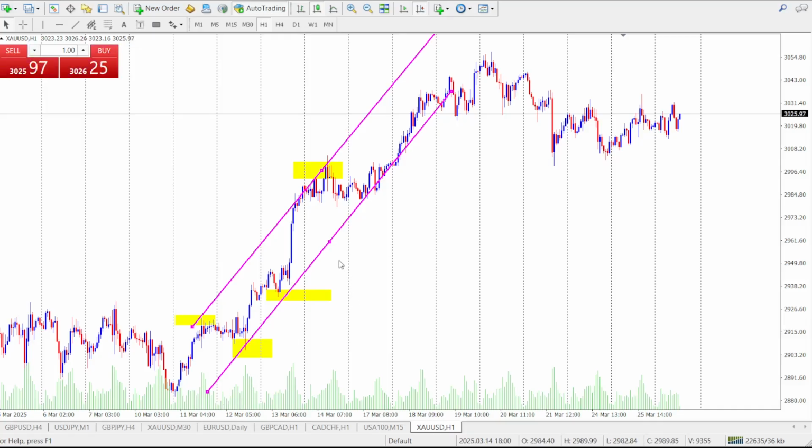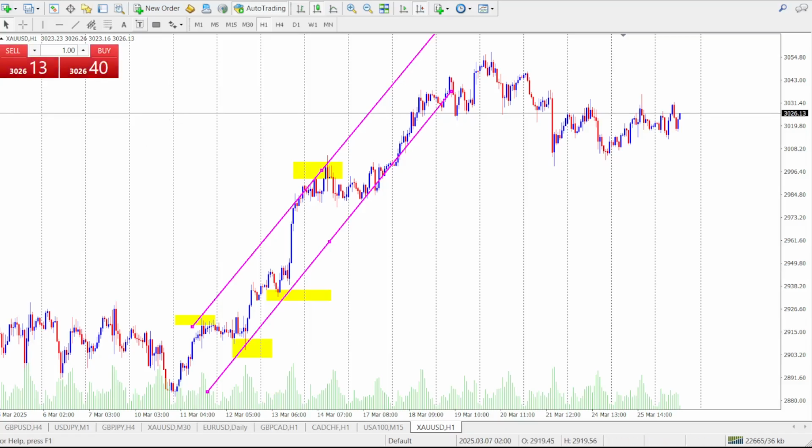If the lines are parallel and sloping upwards, you have found an ascending channel. Confirm the pattern with indicators like moving averages, RSI, or volume analysis to get a stronger signal.